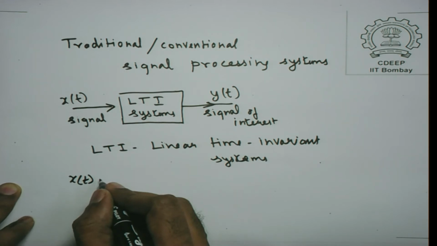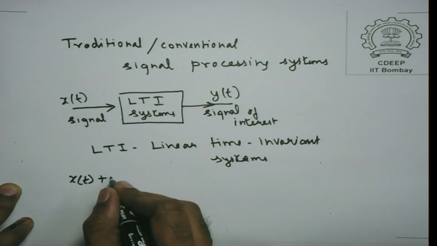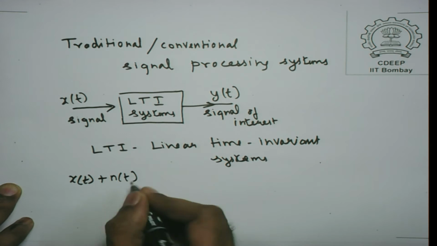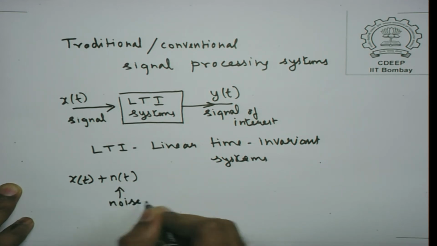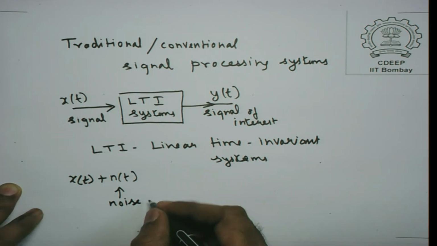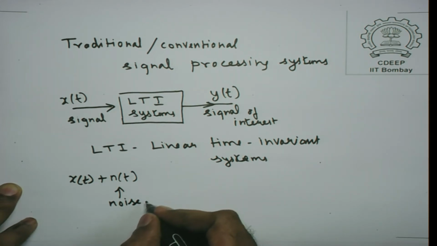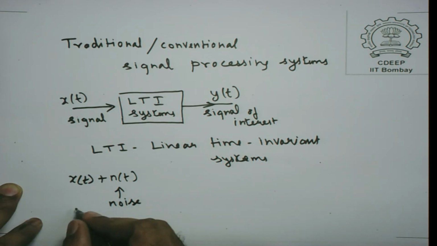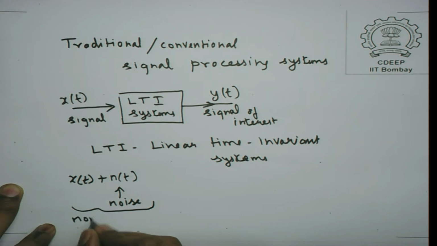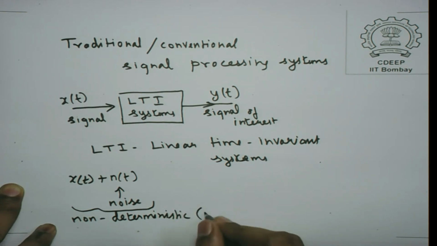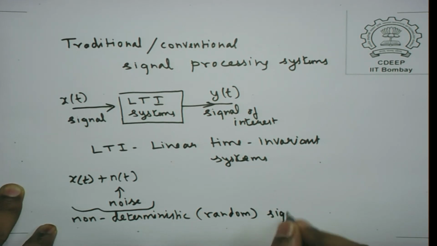One way of looking at them is a signal x of t corrupted by some signal, maybe a noise signal, which could be described in a probabilistic or statistical sense. So this input can be thought of as a non-deterministic or random signal.